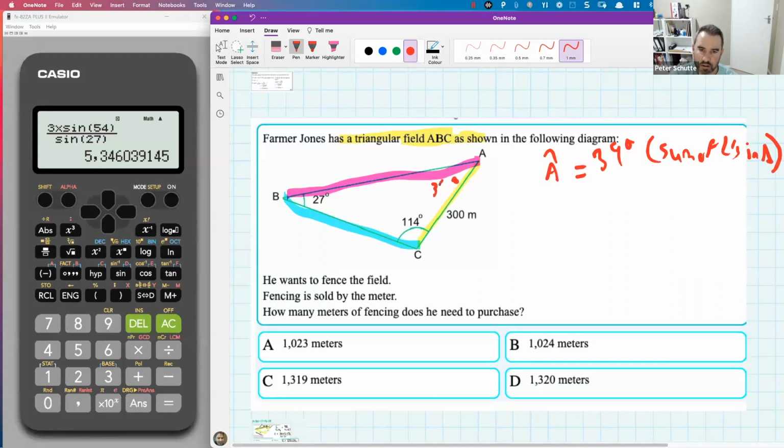So we'll put 39. Okay, let's start by finding BC. I'm going to let you find me BC. What is BC going to be equal to? I'll let you think about that. And if you found BC, what's the other side you still need to find to help you with your fencing problem?